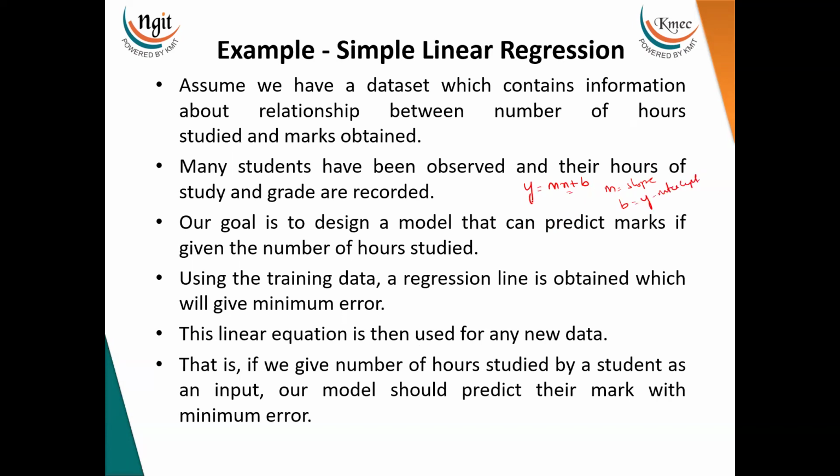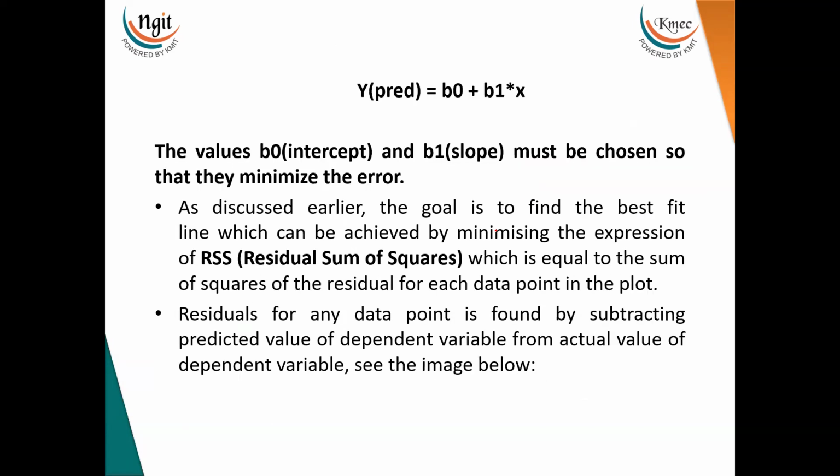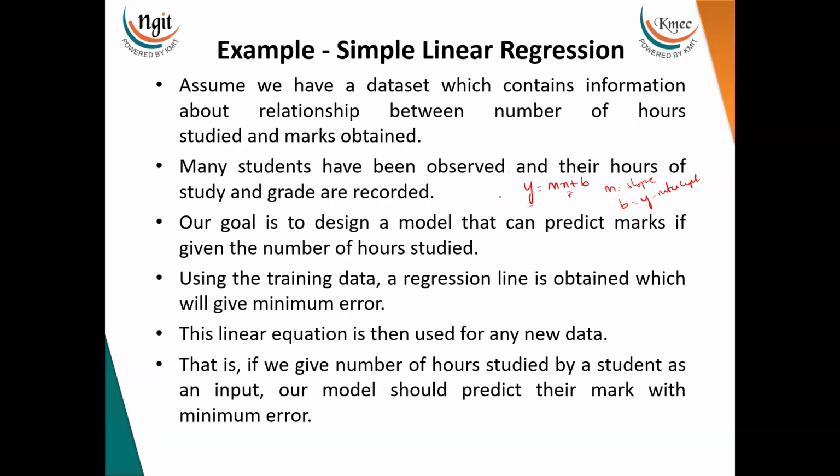Here x and y are the variables: x is the independent variable and y is the dependent variable. With this equation, we find the straight line relationship between two variables.